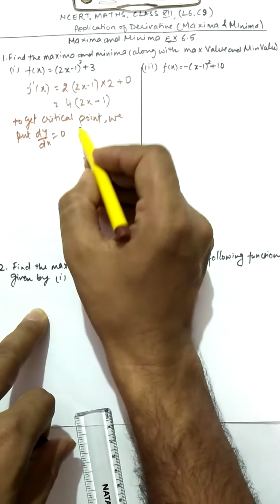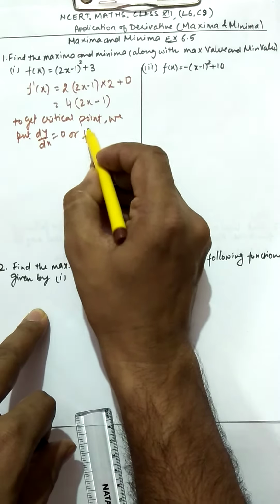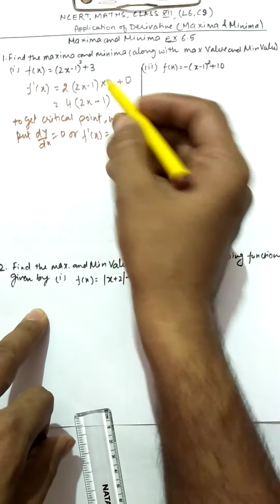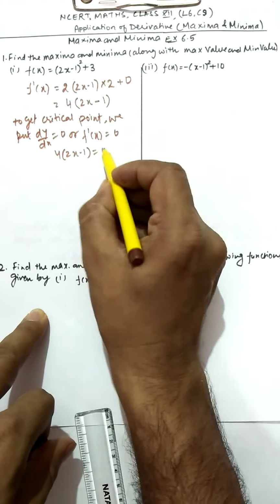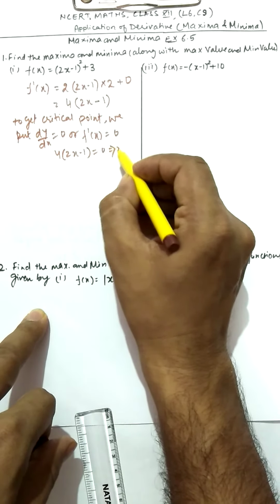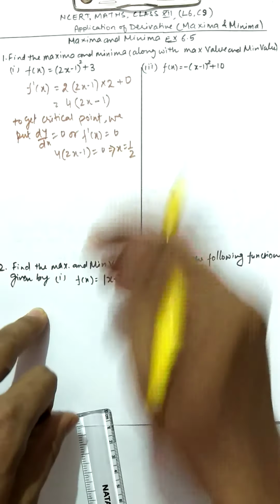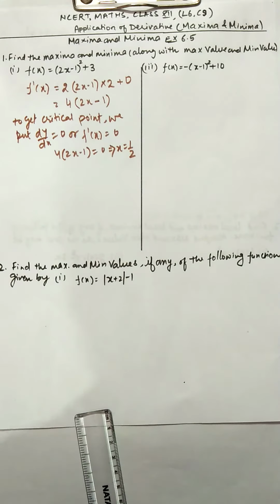So I get 4(2x - 1) = 0. From here I get x = 1/2. Right now I have got only one critical point. That one critical point can give you the maximum value or the minimum value.